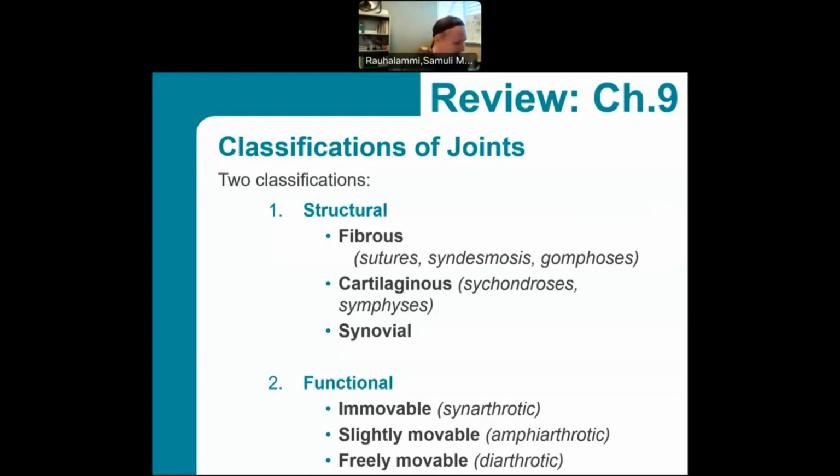So now that we've discussed our synovial joint, I think that we can also mention the fact that we can classify joints based on their function, whether they are fully immovable, slightly movable, or totally freely movable.